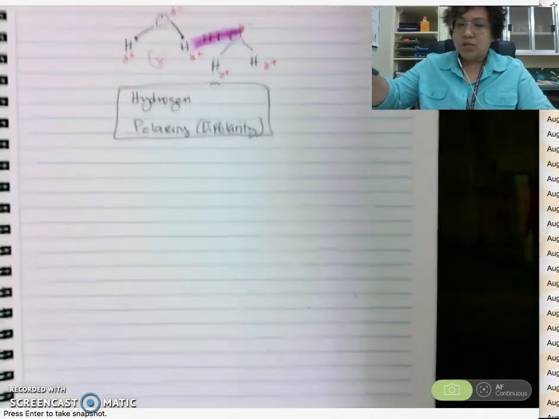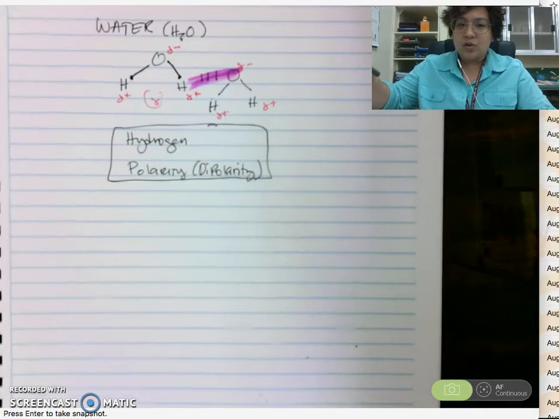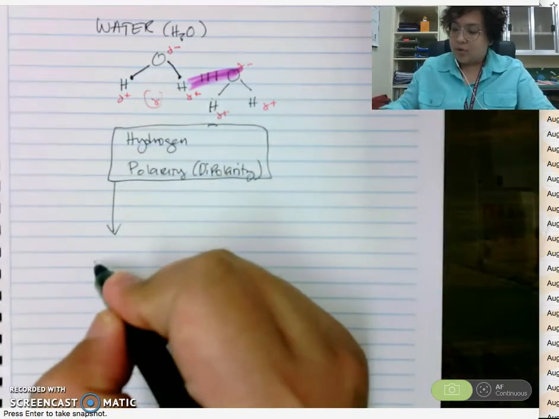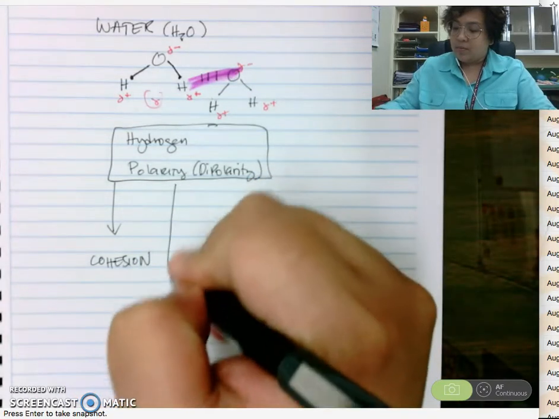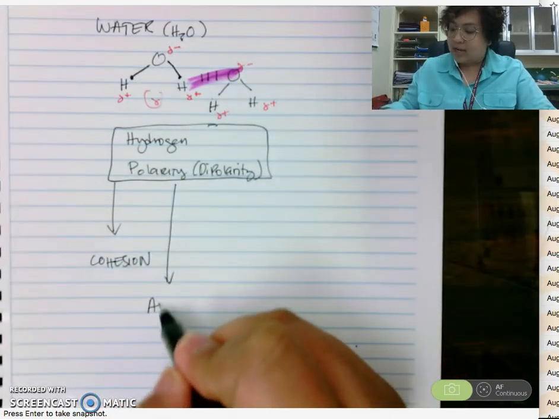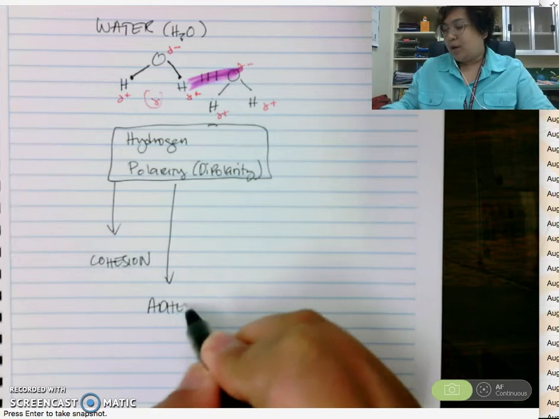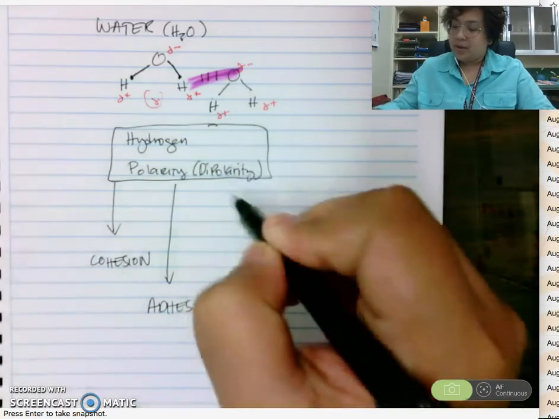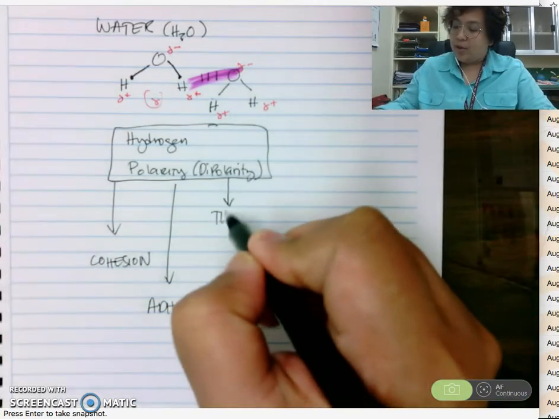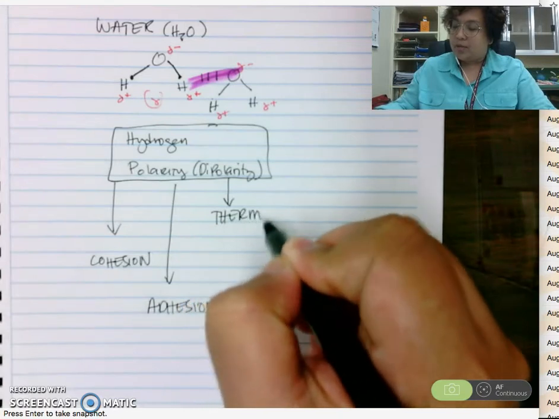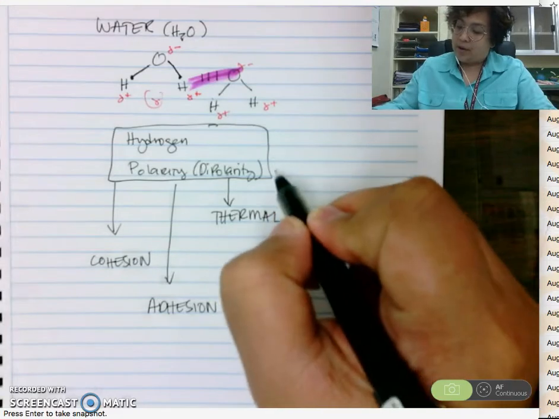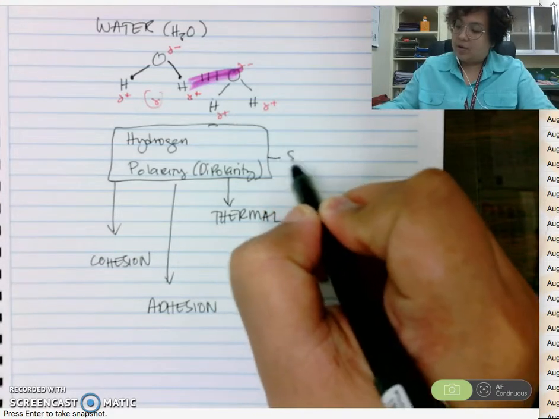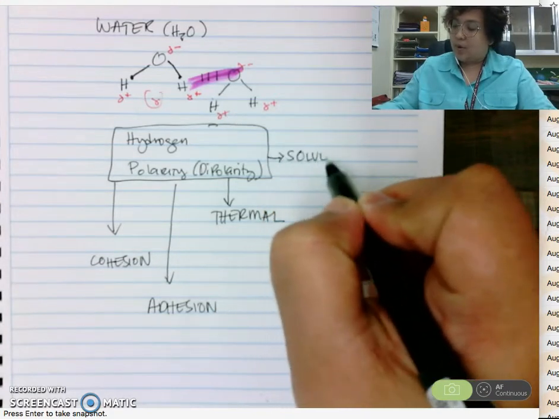The properties of water that you need to learn are, first, cohesive property or cohesion. Next, you have adhesive property or adhesion, and you have thermal properties, and lastly we have, I'll just put it right here, solvent properties.